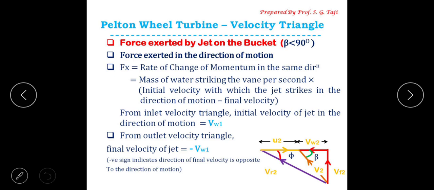From the inlet velocity triangle, the initial velocity of the jet in the direction of motion is equal to Vw1. From the outlet velocity triangle, the final velocity of the jet is minus Vw2 because the direction is opposite to the direction of flow.